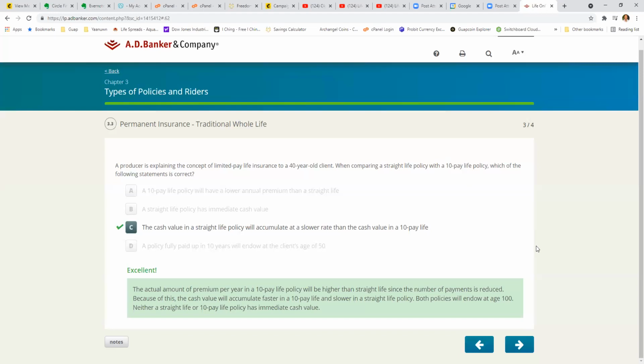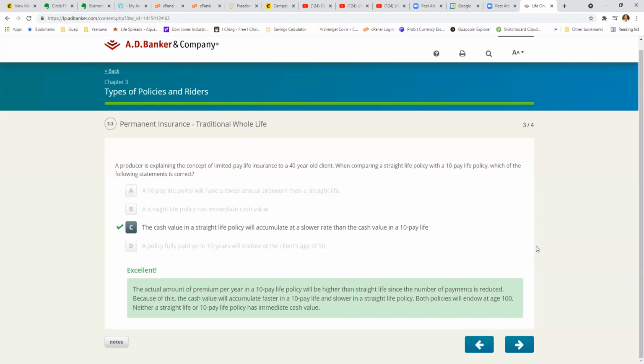Yes. Now, there are some single pay policies. That's not one of these options. You put in a lump sum of money, then you will immediately have cash value because you immediately put a bunch of money in. In those instances, in the single pay policies, you will have immediate cash value and immediate death benefit.